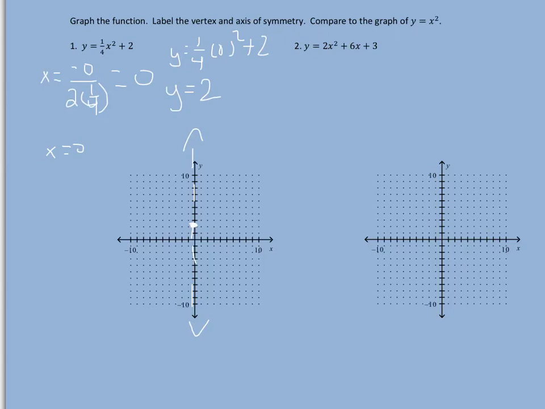Well, a is 1/4. So a is positive, so I know it opens up. So that's good. But I would just pick a number to the right of the vertex and a number to the left of the axis of symmetry or the vertex. So I'm going to use when x is equal to 2, plug it in.